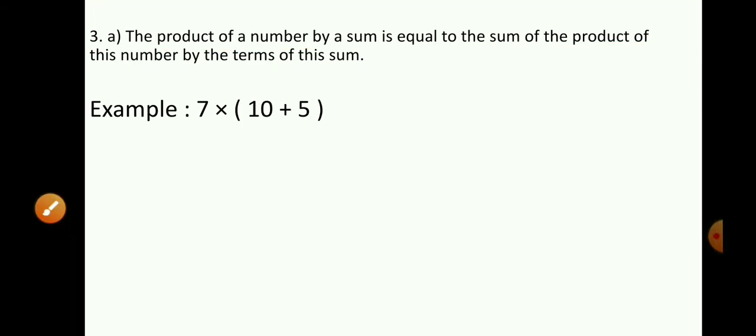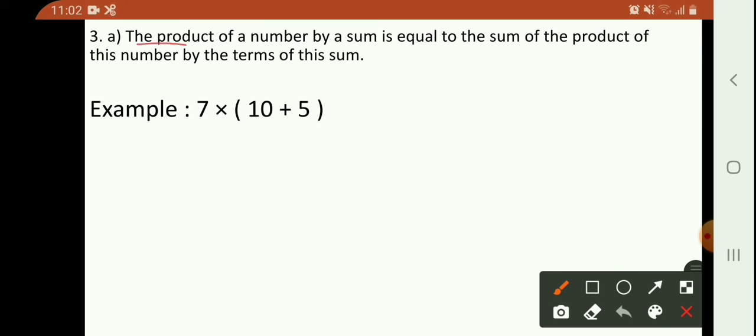Another property, the product of a number by a sum is equal to the sum of the product of this number by the terms of this sum.